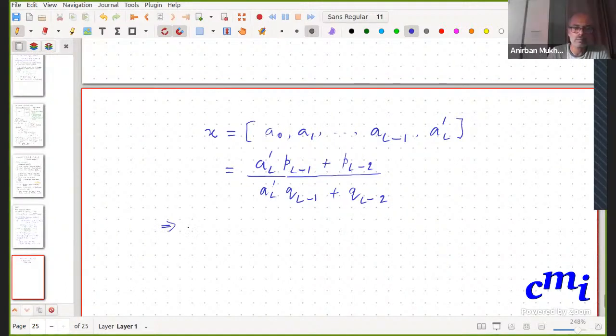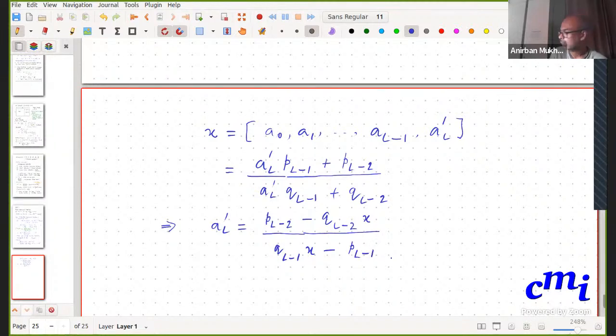And therefore, we can express a_l dash in terms of X. So just write it down. If you solve this linear equation, then what you get is (P_{l-2} minus Q_{l-2} X), if I have done it correctly, and then divided by (Q_{l-1} X minus P_{l-1}).